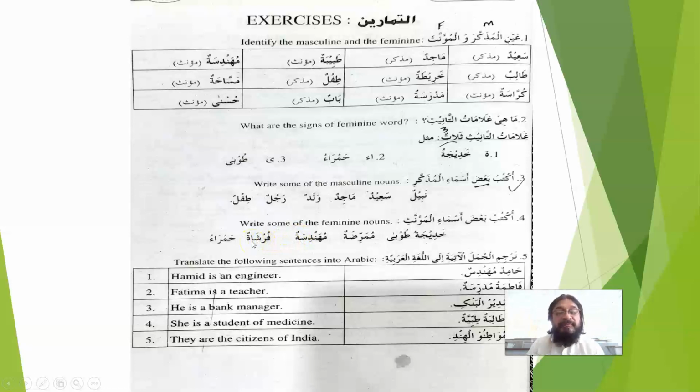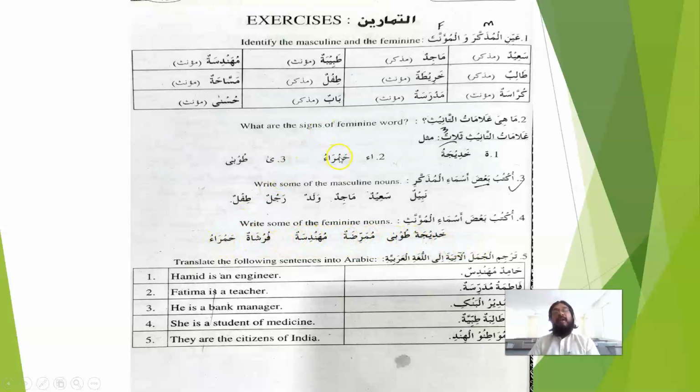Furshatun, brush. It has ta at the end. That is why al-muannas. Hamarau, alif hamza is at the end of the word. That is why it is called al-muannath. So these are the names of feminine genders.